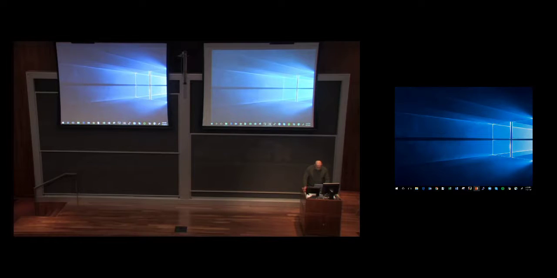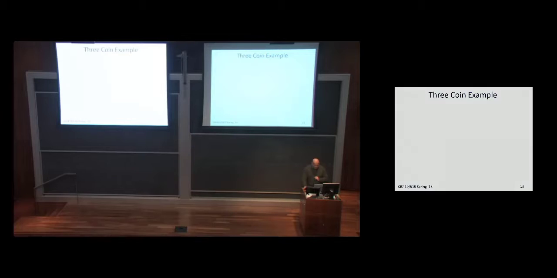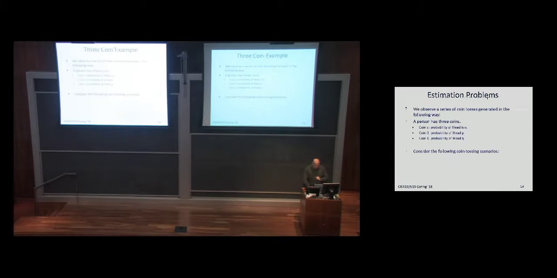do this this way. Coin Z, coin 0, and coin 1. Oh, you don't see it. Okay. So I changed the names of the coins.